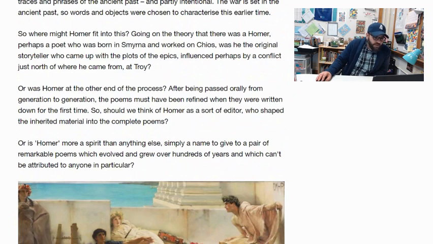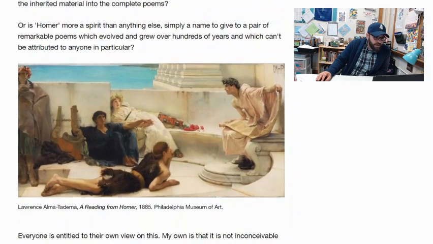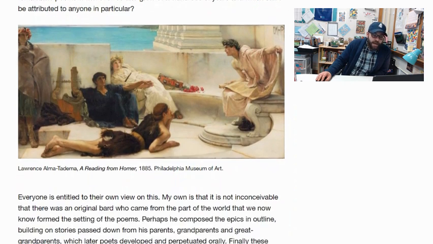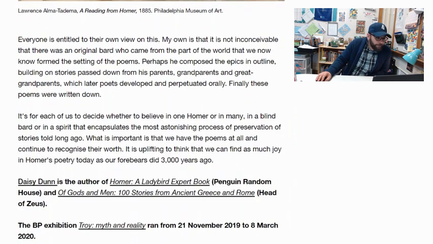So should we think of Homer as a sort of editor who shaped the inherited material into the complete poems? Or is Homer more a spirit than anything else, simply a name given to a pair of remarkable poems which evolved and grew over hundreds of years and which can't be attributed to anyone in particular?